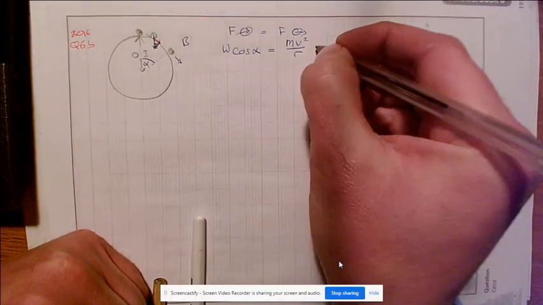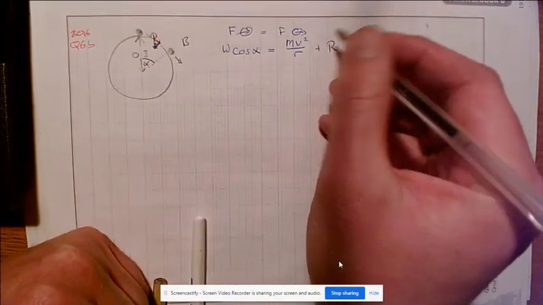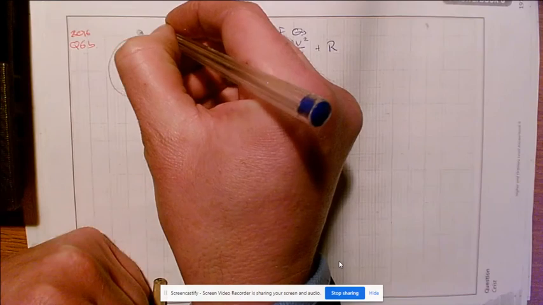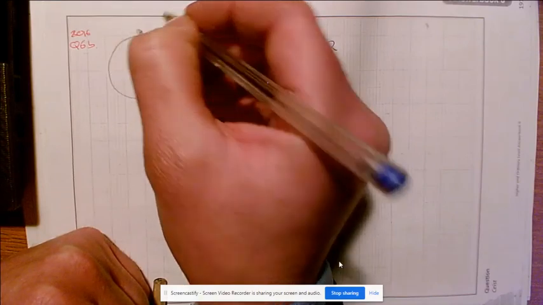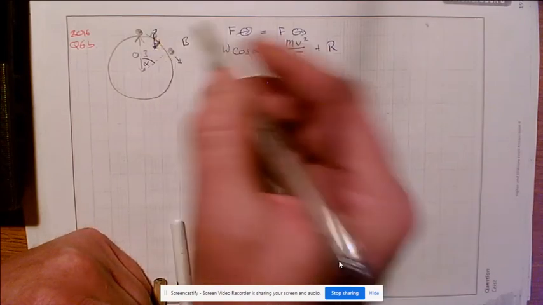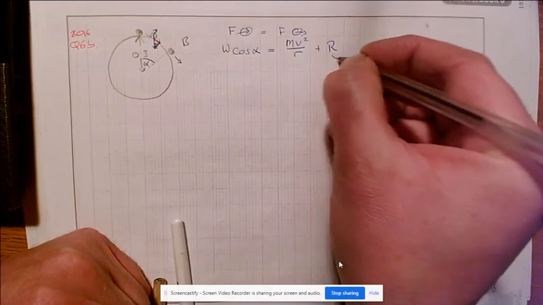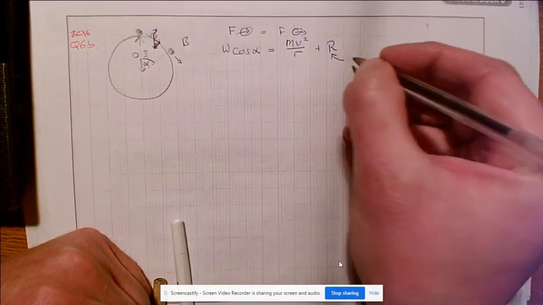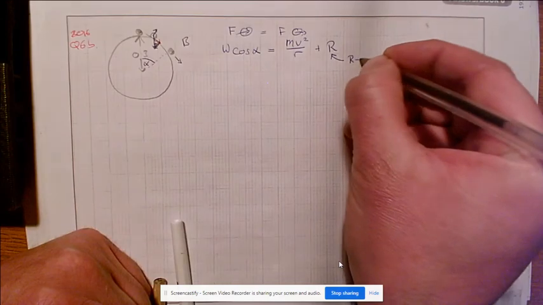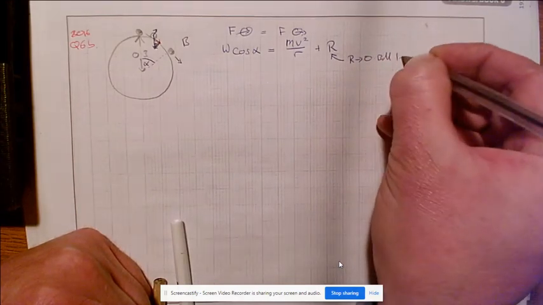There's another force though, and that's the reaction force. This reaction force is the force that's coming out that balances up the forces to keep it still in contact. So that means if it's still keeping it in contact, when the reaction goes to 0, the ball leaves.